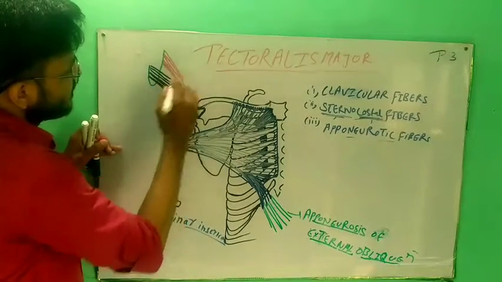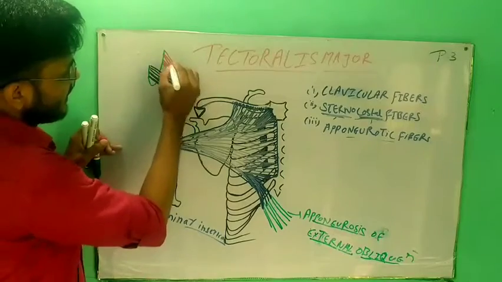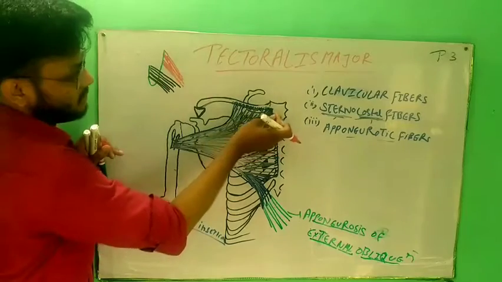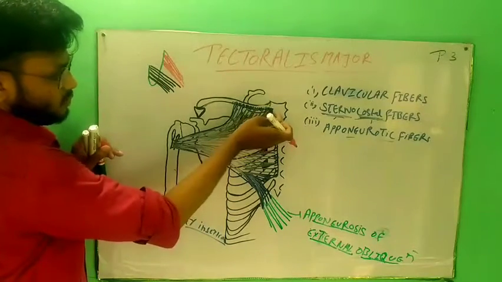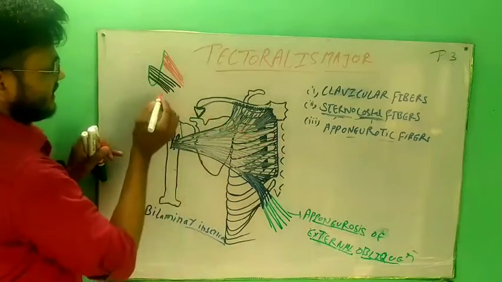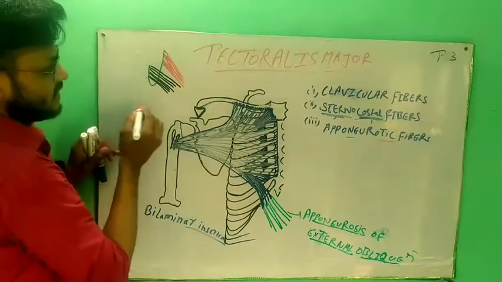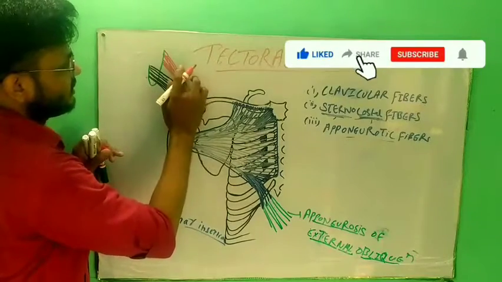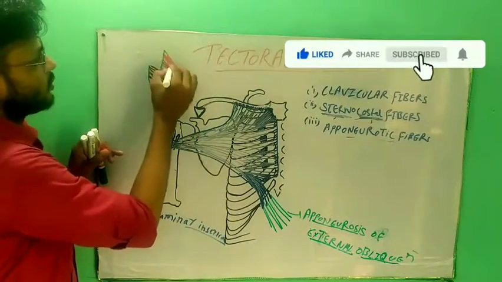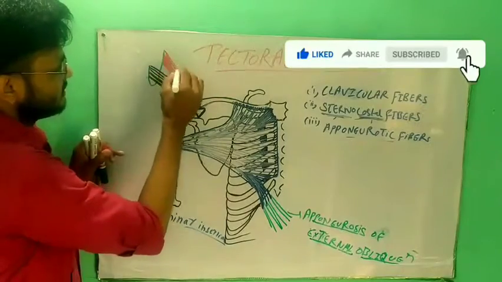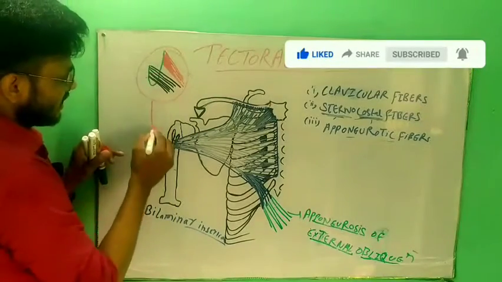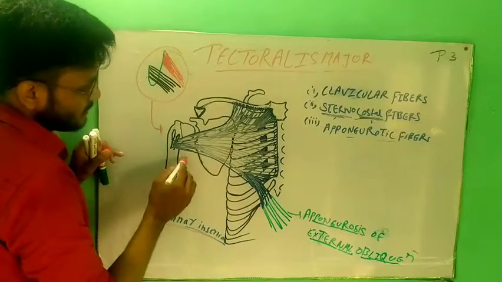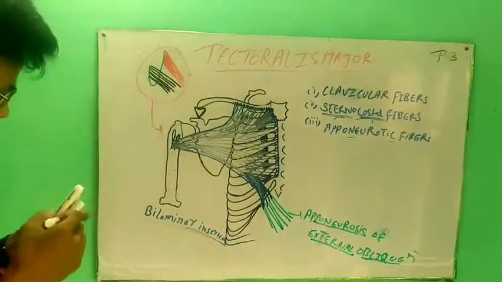The clavicular fibers and the fibers from the manubrium are inserted into the anterior lamina, and the sternocostal and aponeurotic fibers are inserted on the upper part of the posterior lamina. This type of insertion is called bilaminar insertion, which is found in the pectoralis major muscle.